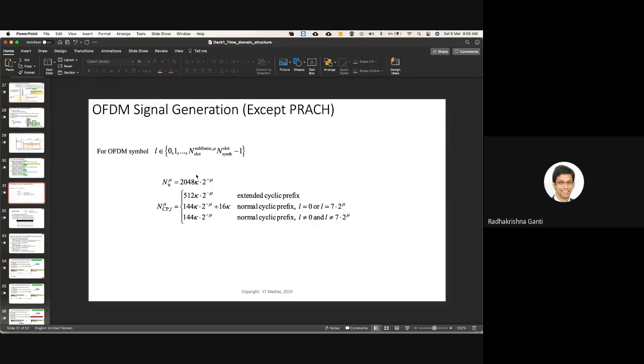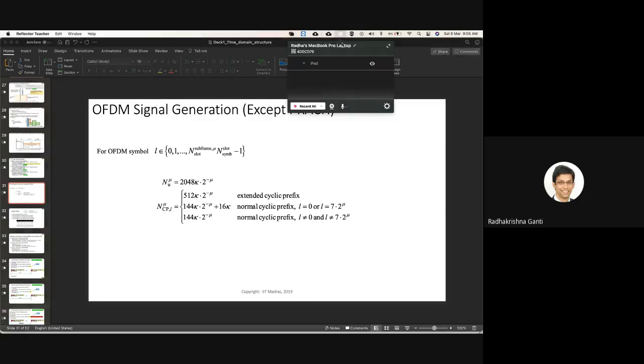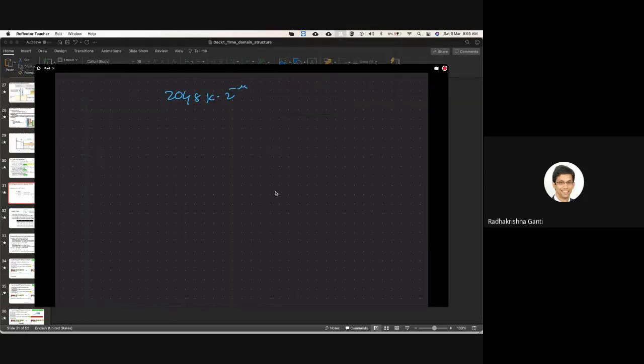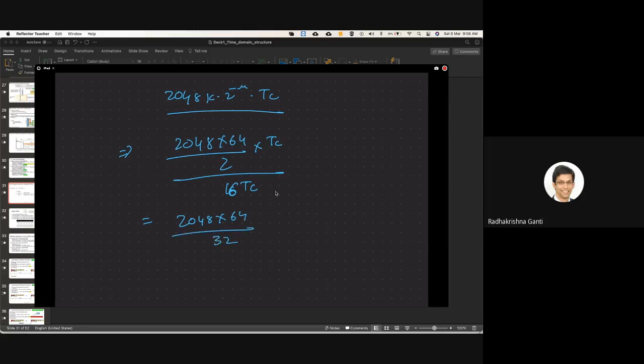Let's do that computation also, one minute. 2048 into 64 divided by 2, into TC, is the time duration. Dividing this by 16 TC gives you the number of samples, because we are sampling at 16 TC duration. So this is nothing but 2048 into 64 by 32, which is 4096. In terms of samples, the OFDM symbol length is 4096. That's what it tells.